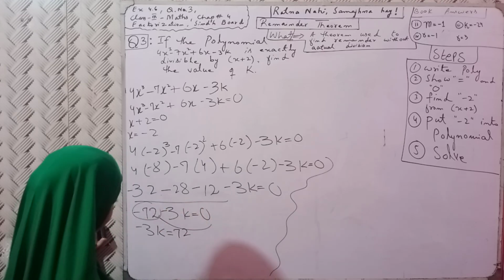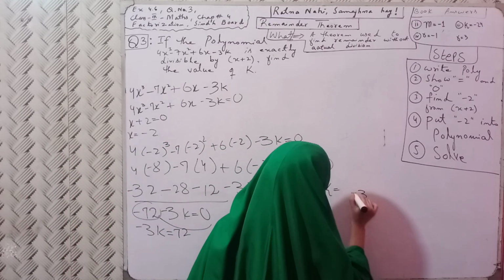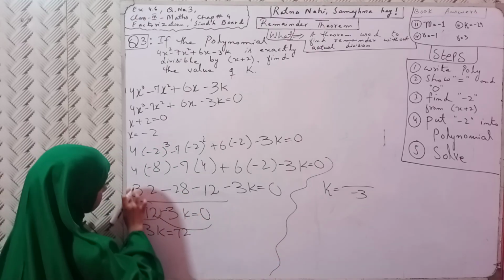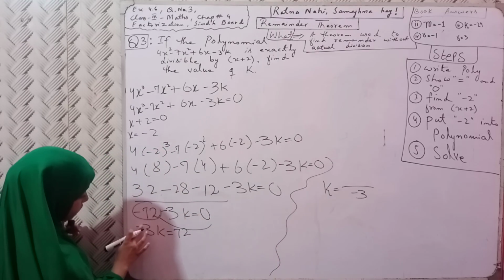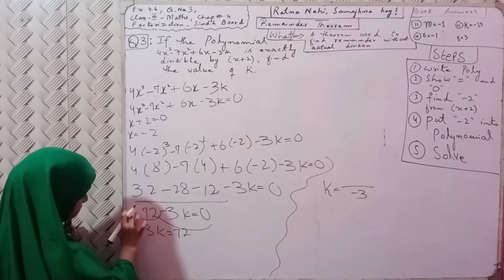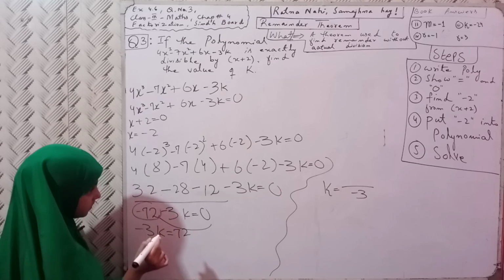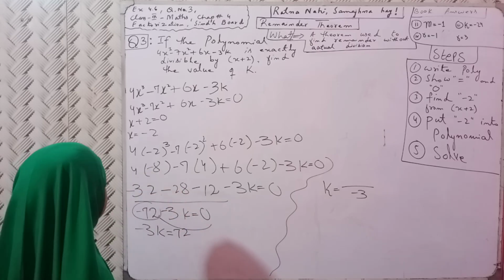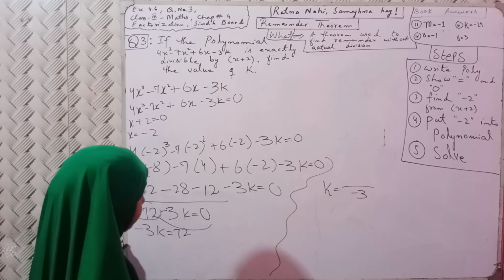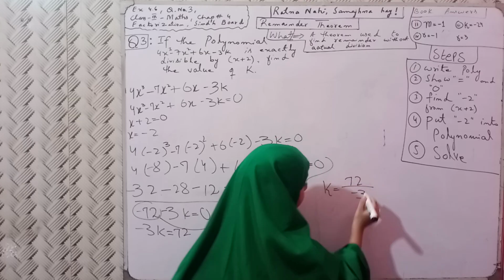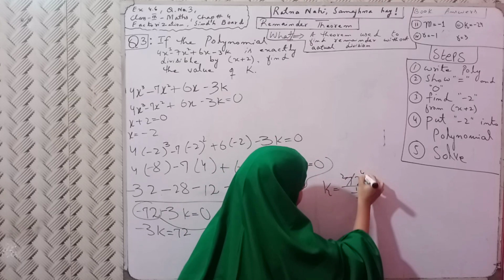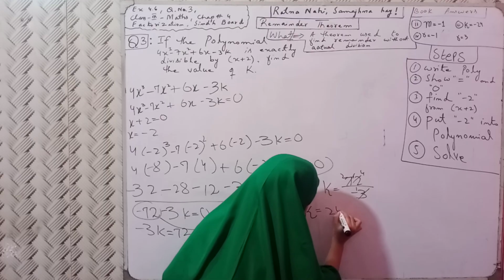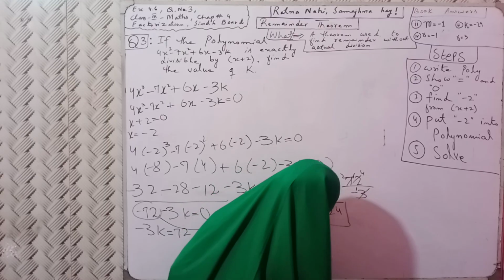Here it will become minus 3k, k is equal to 72 over minus 3. 3 ones are 3, 3 twos are 6, and so k is equal to minus 24, and it will be our answer.